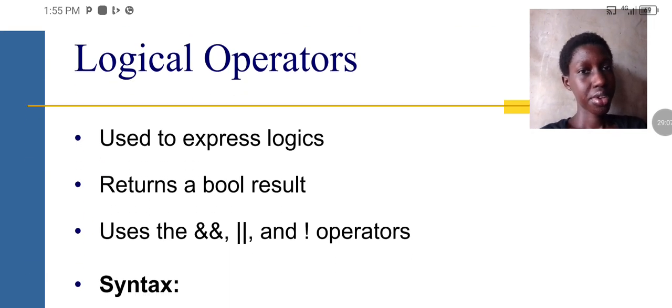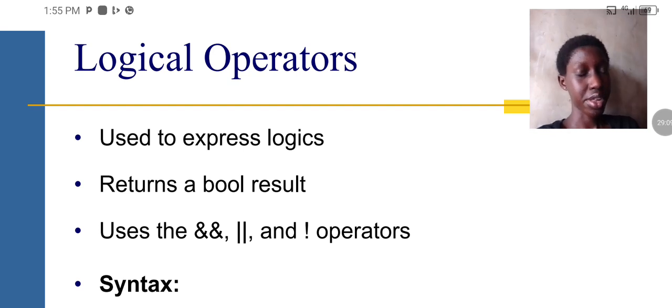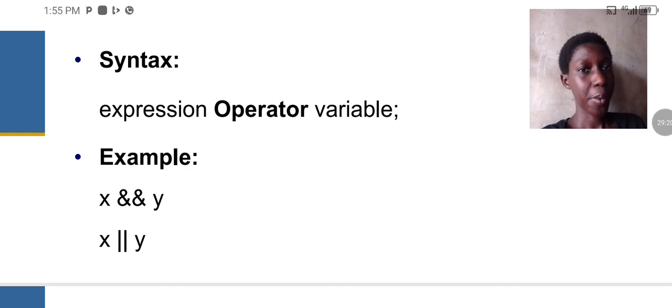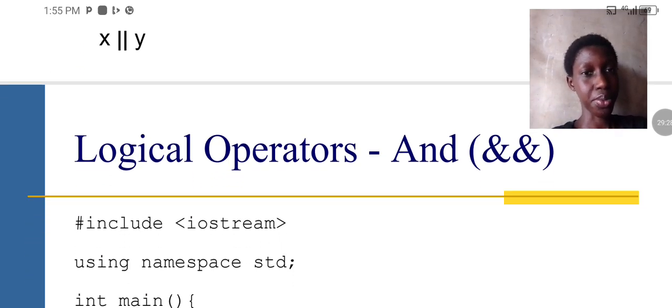The logical operators are used to express logic. They return a bool result. So they use the and, the or, and the not operators. So this is how to express a logical expression in the C++ programming language.